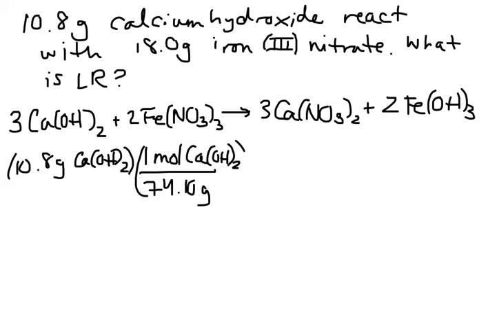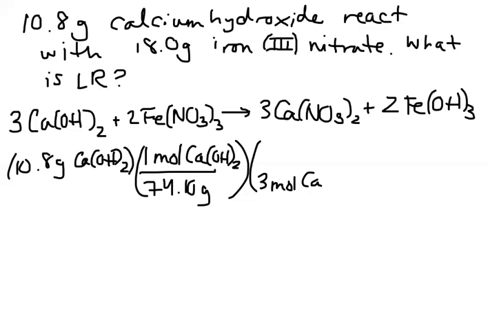And if I'm going from calcium hydroxide to iron hydroxide, what is my molar ratio? 2 to 3. Yep. Oh, you said you're going to iron hydroxide. Okay.